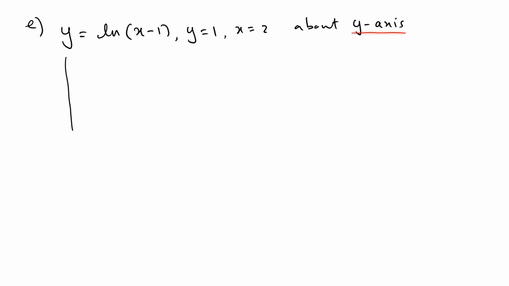We're going to start with the axis. This is not just the ln graph, but you have to shift it by 1 to the right. Normally the ln graph passes through 1, but since we moved it, it passes through 2. So this is the graph you get. It's going to go like that.